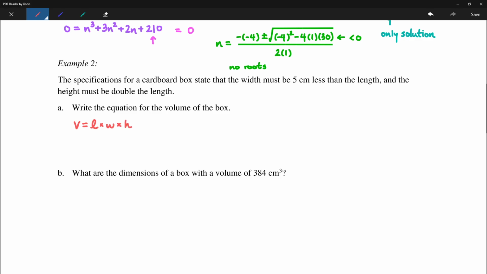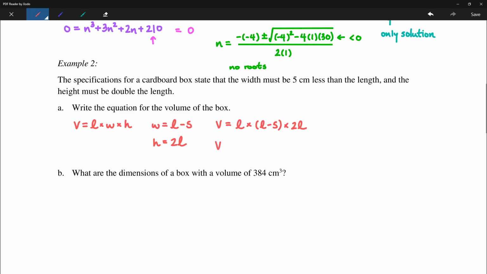It is stated that the width must be 5 less than the length, and the height is 2 times the length. So what this allows us to do is write the volume in terms of length only. So we have length times length minus 5 times 2 times length.